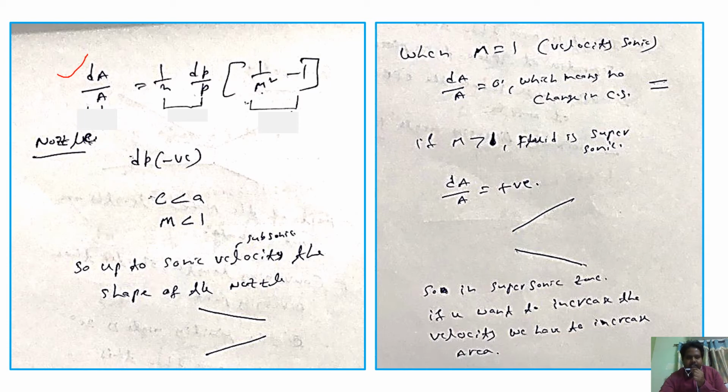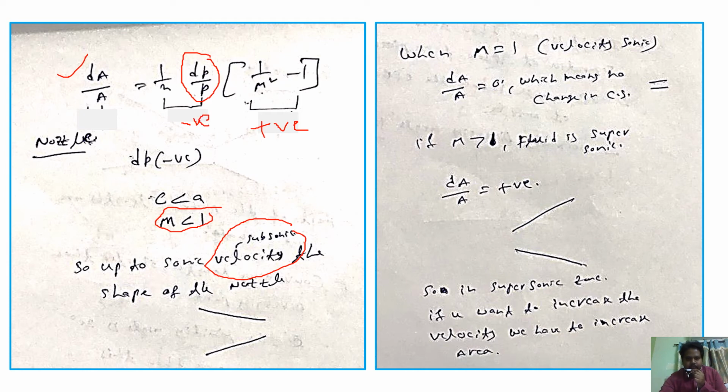If the velocity is subsonic, for subsonic velocity the Mach number is less than 1. If the Mach number is less than 1, in this equation this term would be positive. Coming to dP by P, as we know that the function of the nozzle is, by reducing the pressure it will increase the velocity of the fluid. So the term dP by P is negative.